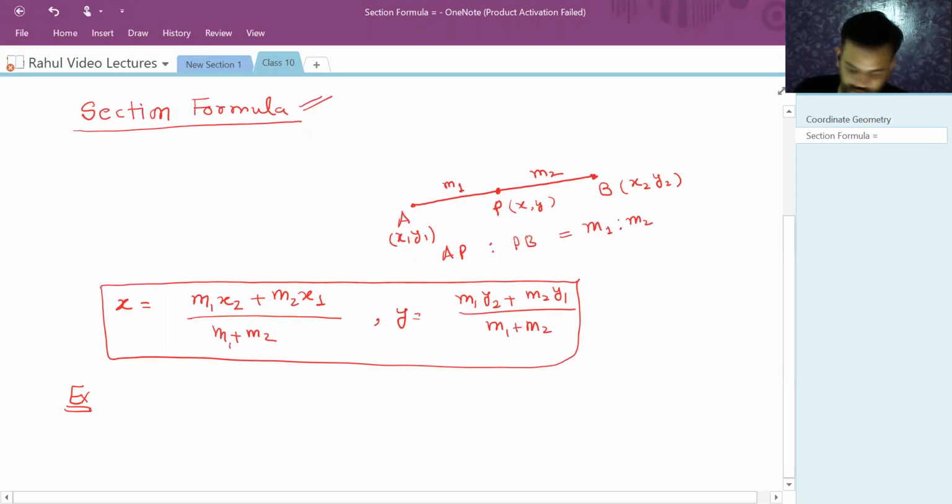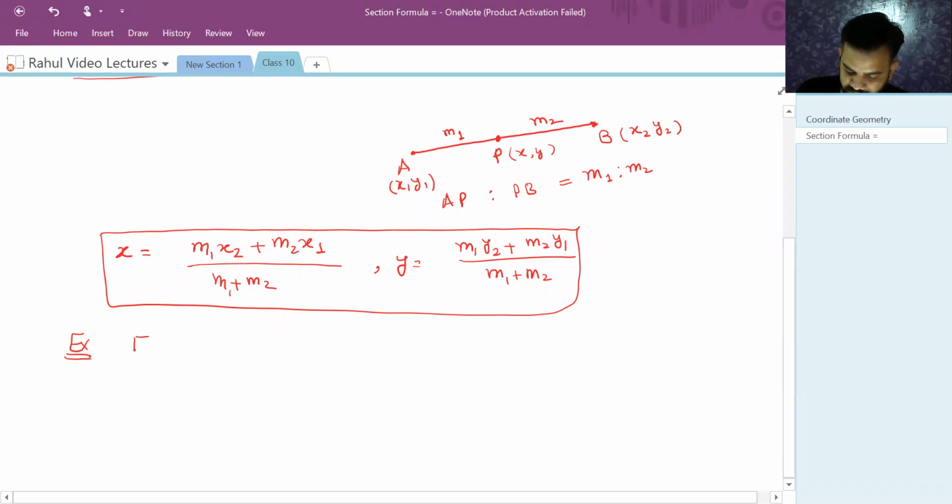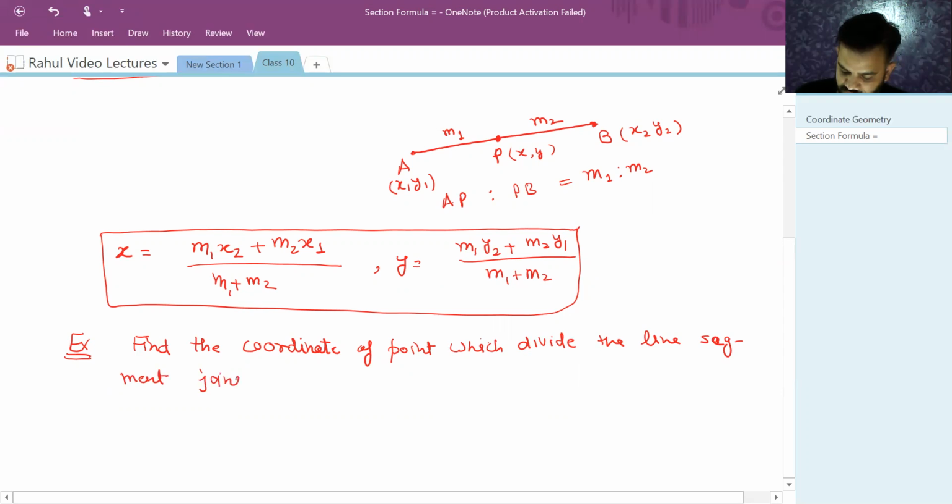Okay, so the example is: find the coordinates of the point which divides the line segment joining the points 4, -3 and 8, 5 in the ratio 3:1 internally.